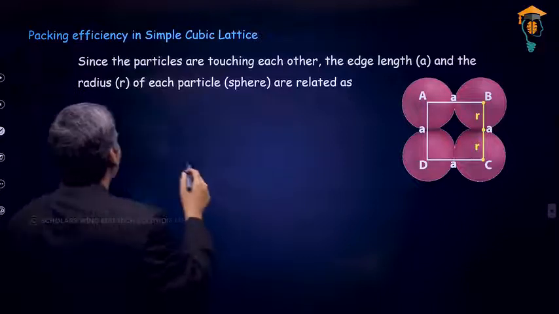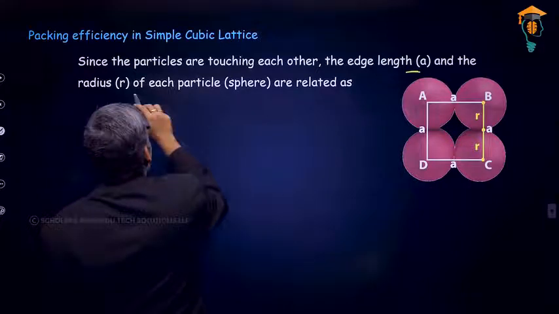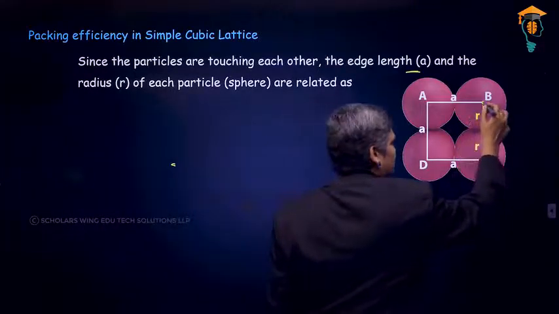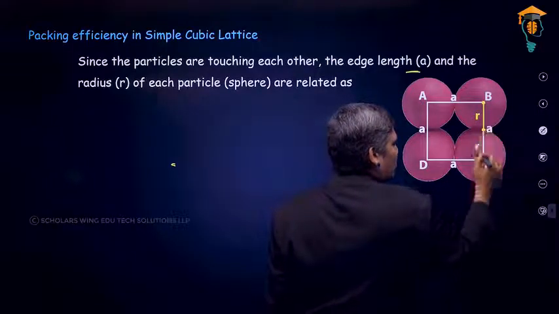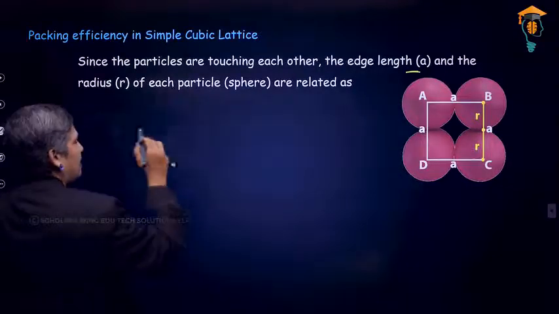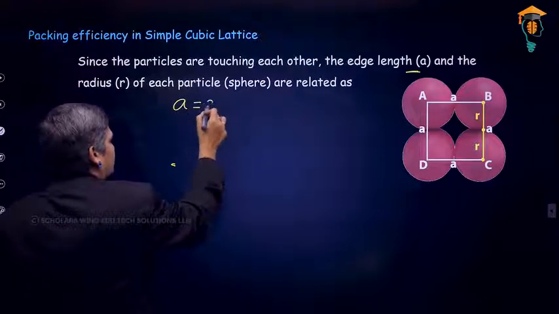Therefore, now we can relate A and radius like this. How? See, from this point to this point, this is A. So A is now equal to 2 times R, isn't it? Therefore, now I can say A and R are related as A is equal to 2R.